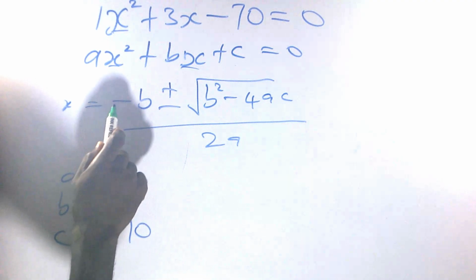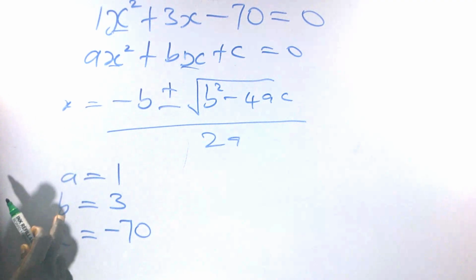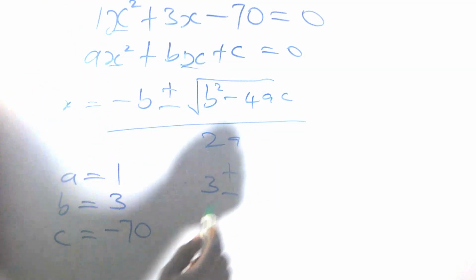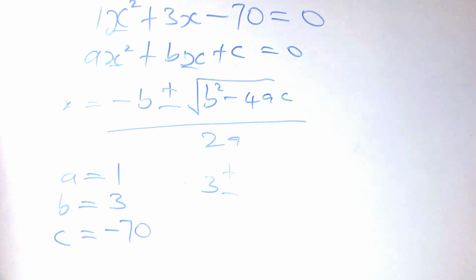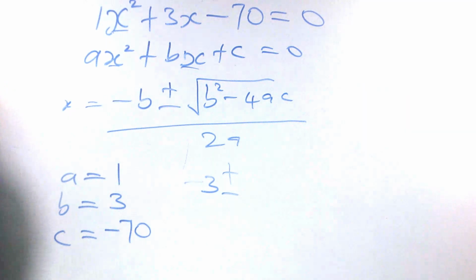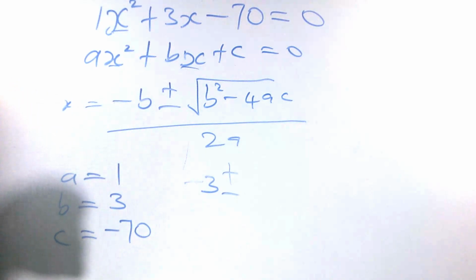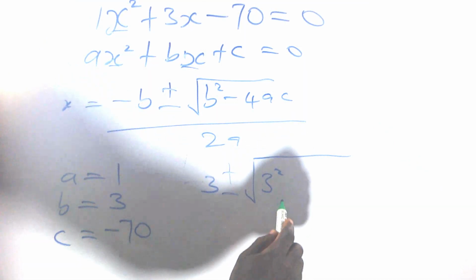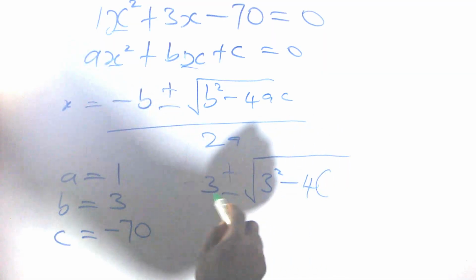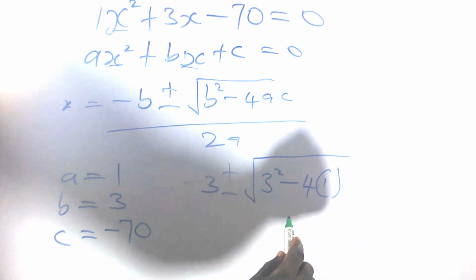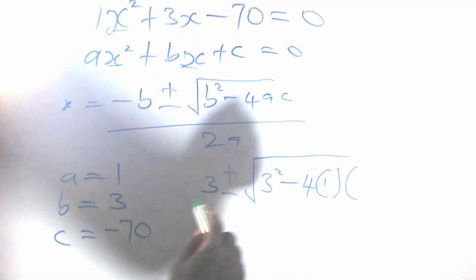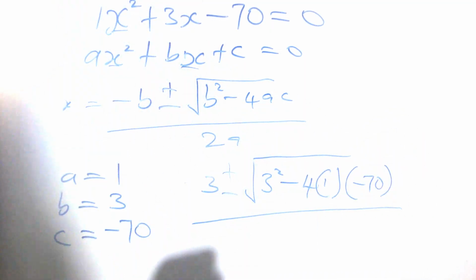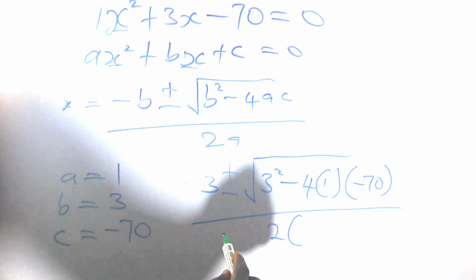So we have minus b, which is minus 3, plus or minus the square root of b squared, 3 squared, minus 4, a is 1, c is minus 70, over 2 times a, which is 1.